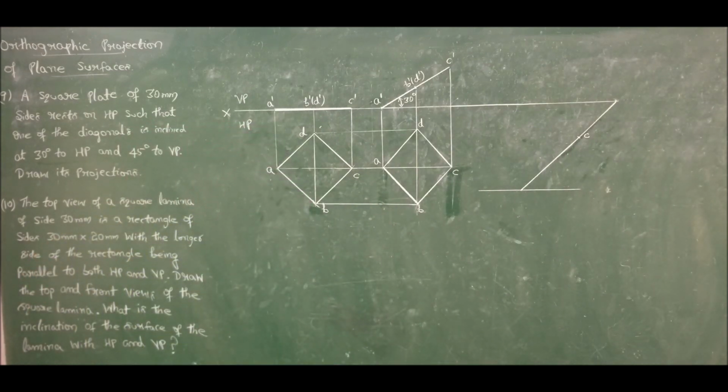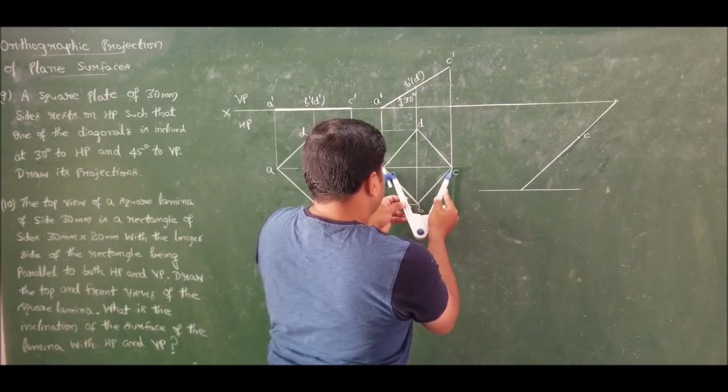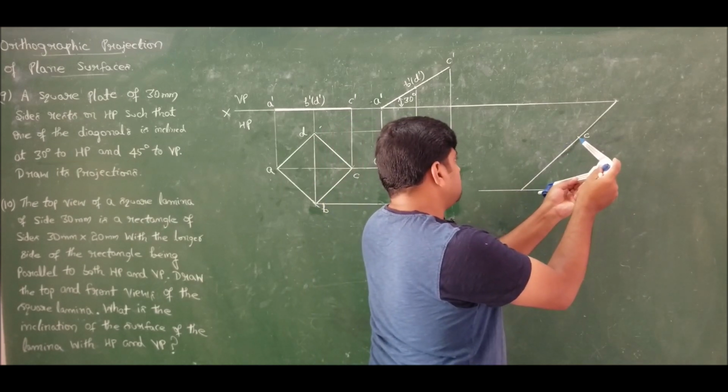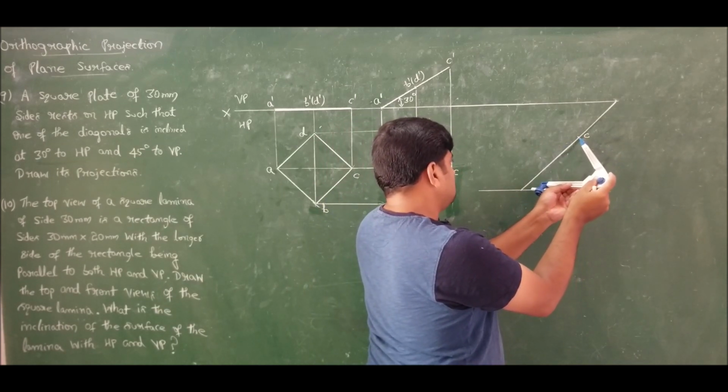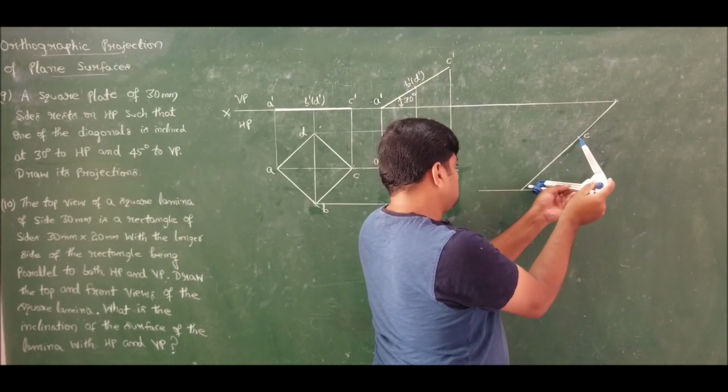Now you measure the apparent diagonal CA. Keeping at C, intersect this new locus like this.